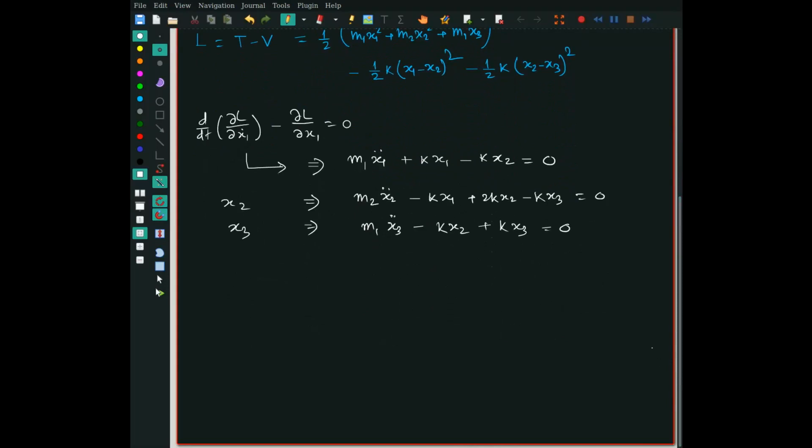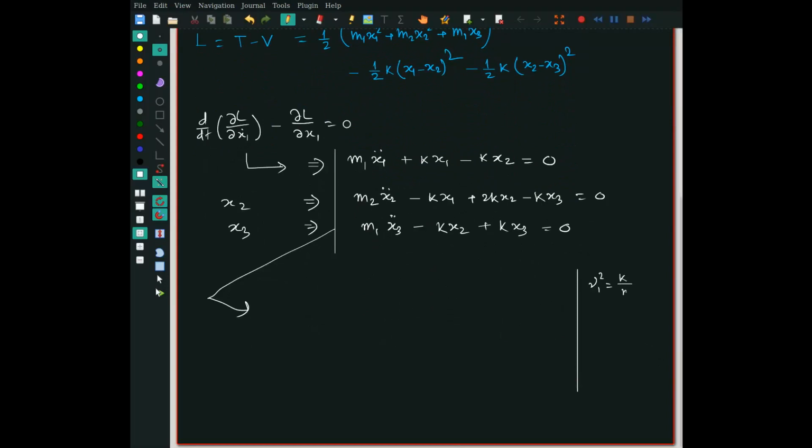Now, just rearrange these equations a bit to rewrite this here. I am abbreviating, say, nu 1 square equals k by m1 and nu 2 square equals k by m2. So I define these two quantities.